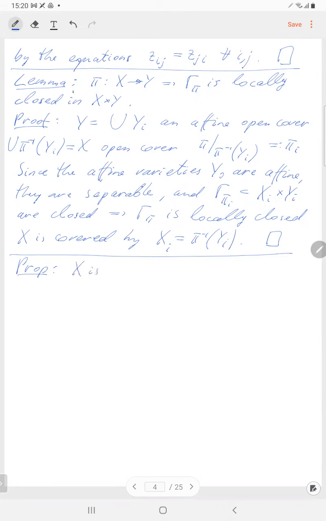So X is separable if and only if for any open affine subsets U, V in X, the intersection is also affine.